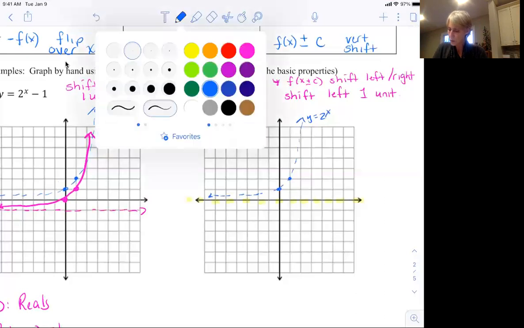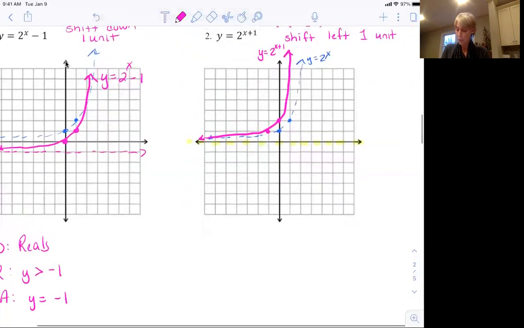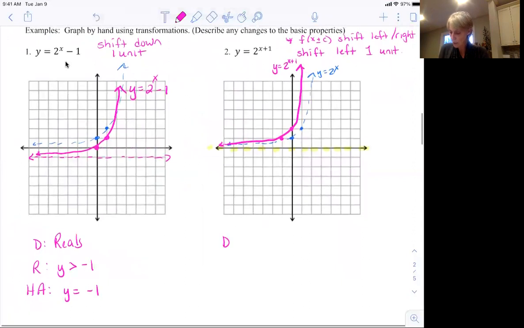So I'm going to move this point here and this point here. And this is y equals 2 to the x plus 1. Now notice with the horizontal shift, did it affect the horizontal asymptote at all? No. So when we're talking about the basic properties, nothing's going to really change.